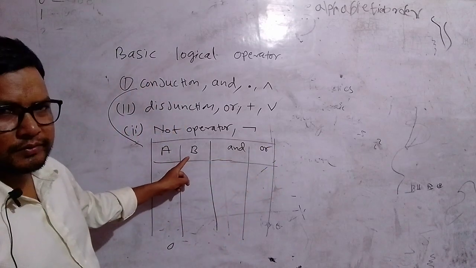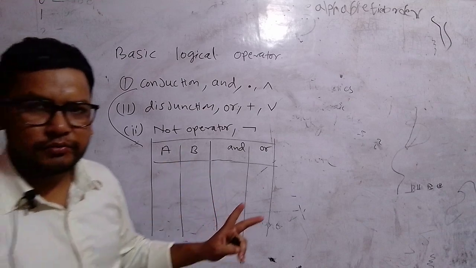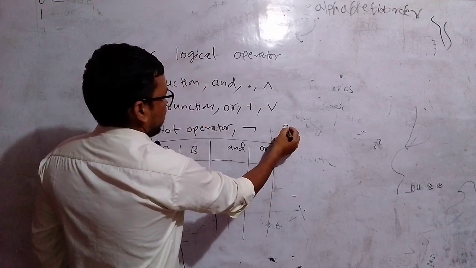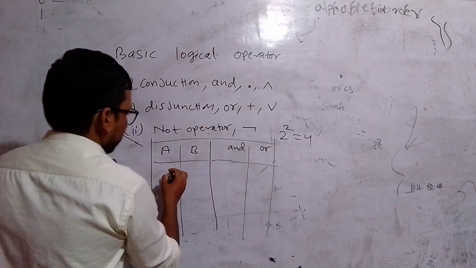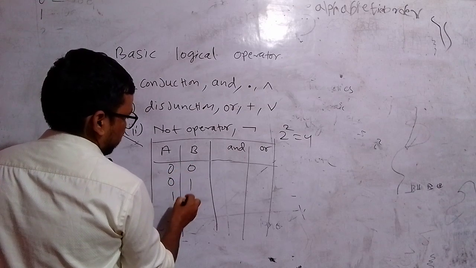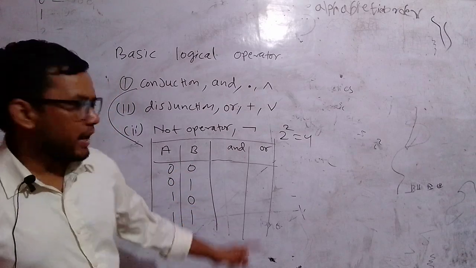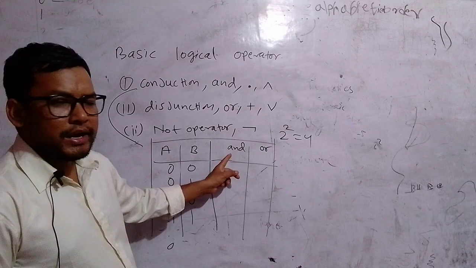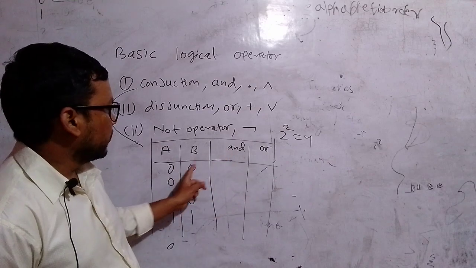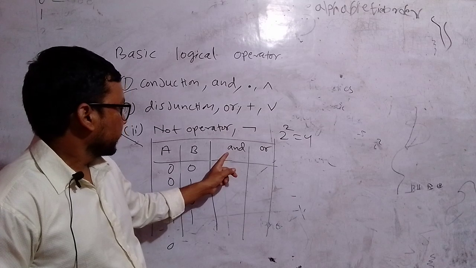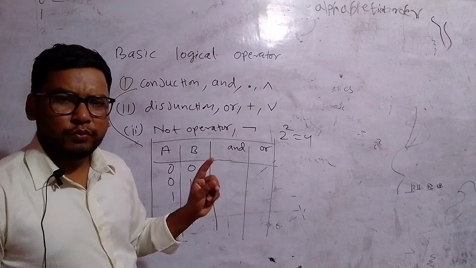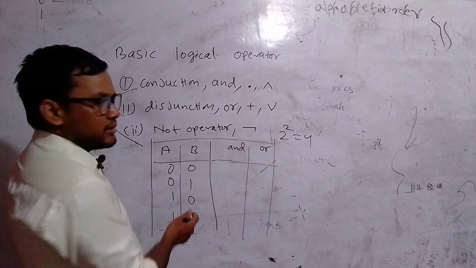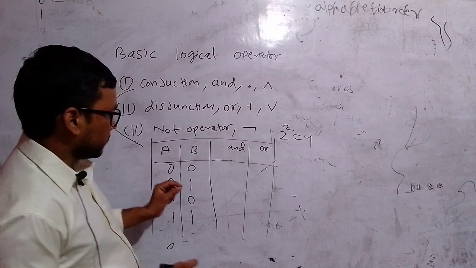Now, how many combinations of input can be made from two binary digits? We can make four combinations. How? 2 to the power 2, for two variables, that means 4. What are these? 0 0, 0 1, 1 0, 1 1. And for two input binary digits, the AND operator produces output 1 only if both the inputs are 1. 1 is also called high, 0 is also called low.